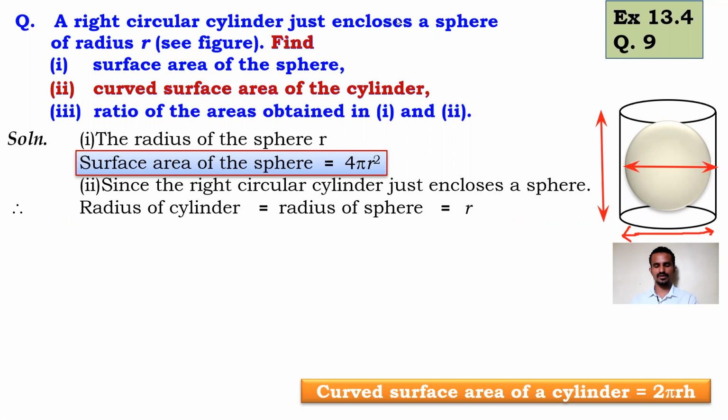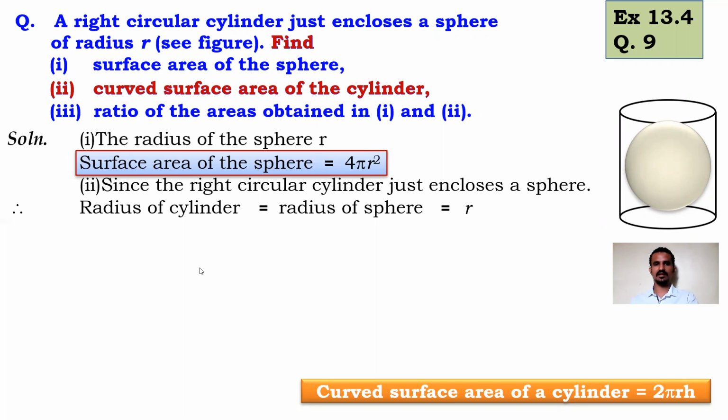But sphere does not have height. Whatever you think of as the height of a sphere is nothing but the diameter of the sphere. So you can say that the height of the sphere is same as diameter of the sphere. So the height of the cylinder will be same as diameter of the sphere.